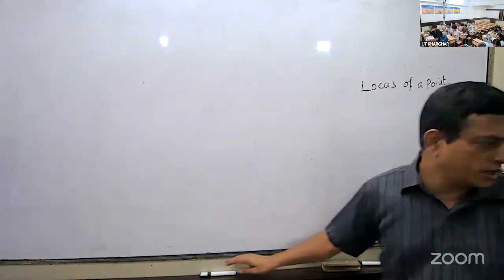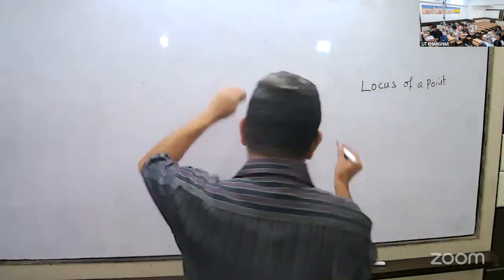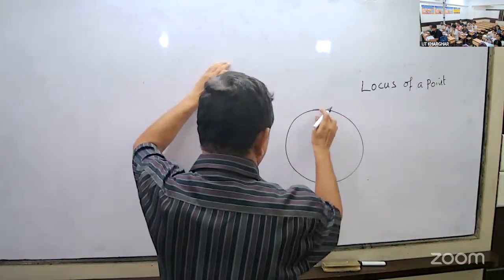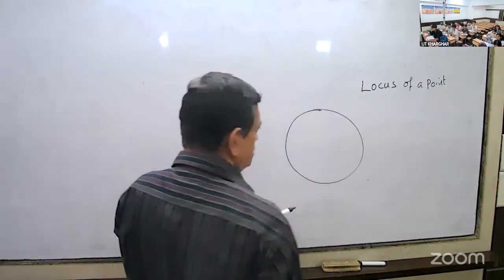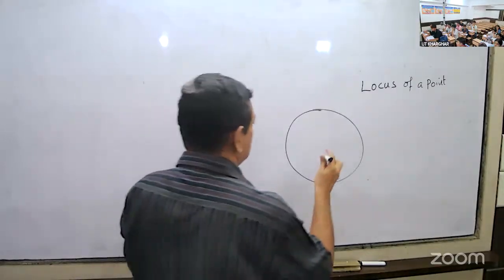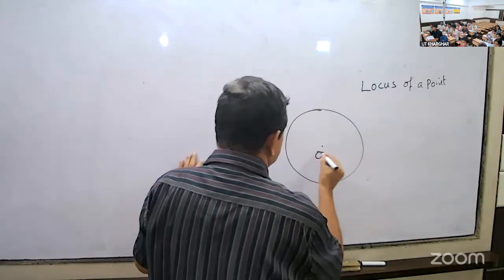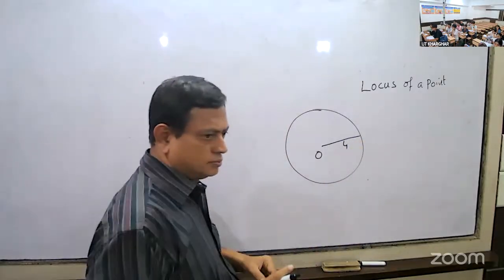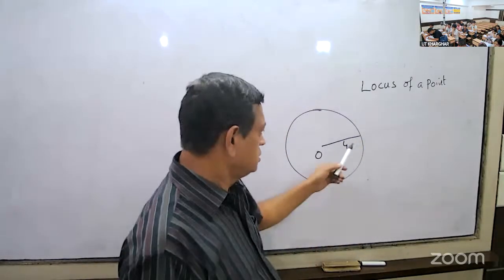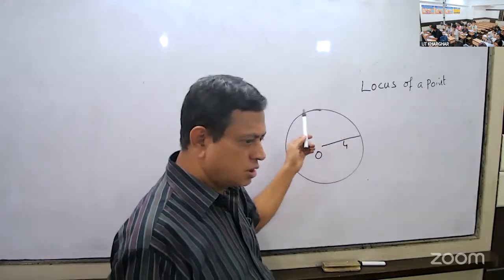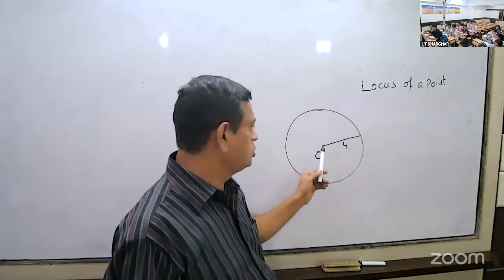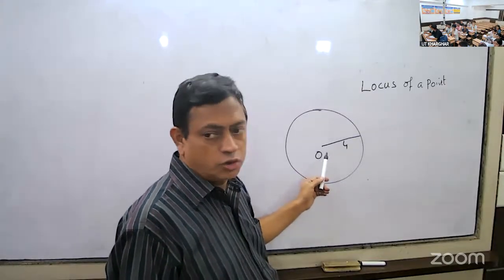Simple example I will tell you. Look here. What is drawn over here? Circle. So let's say circle, center O and radius equal to 4. That means every point on the circle is what distance? 4 units from where?